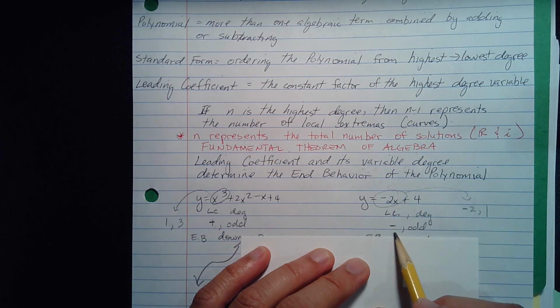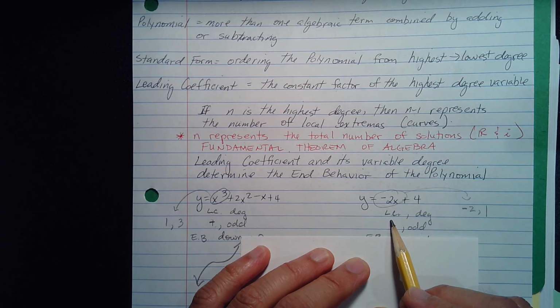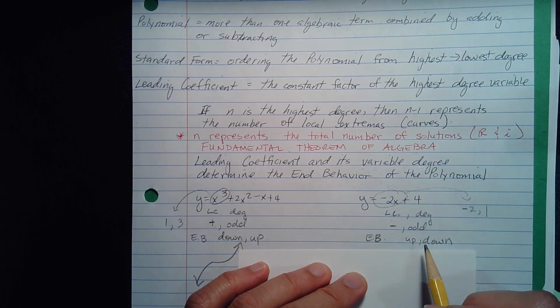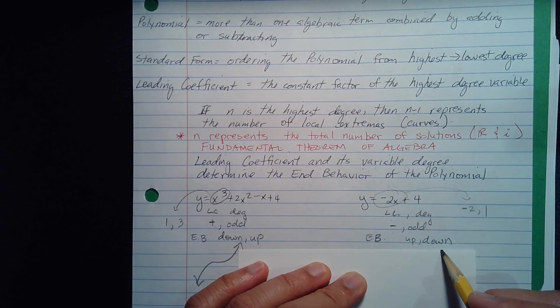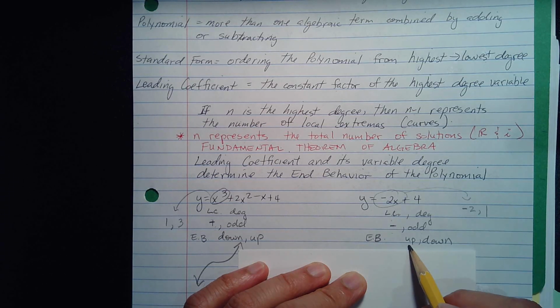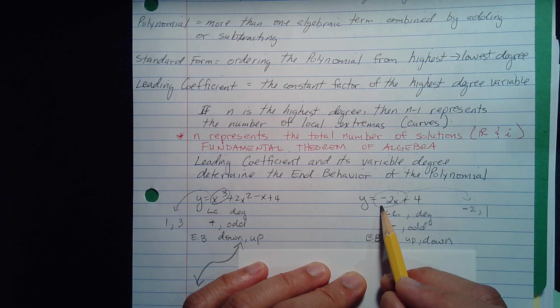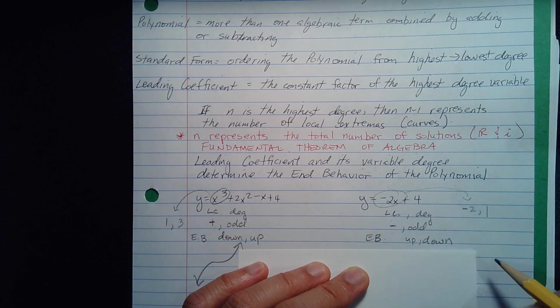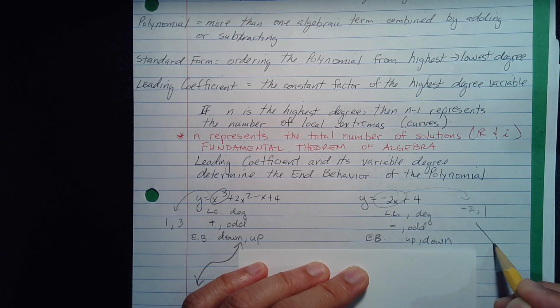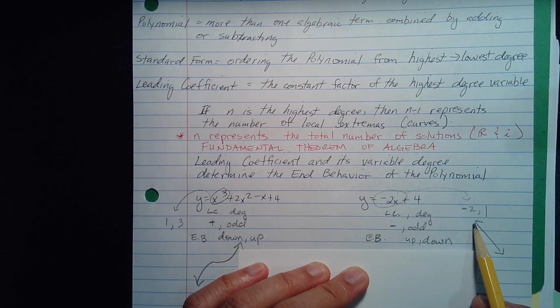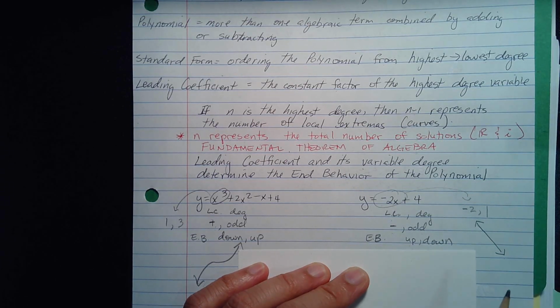When you have a negative odd combination, negative leading coefficient and odd degree, your end behavior will always be up-down: left end up, right end down. If you recall, this is a line whose slope is negative, therefore the function is decreasing. So you'll have something like this. The left end behavior is up, the right end behavior is down.